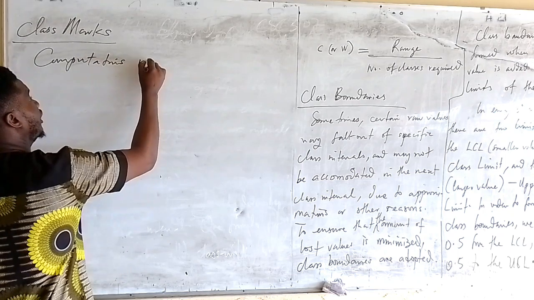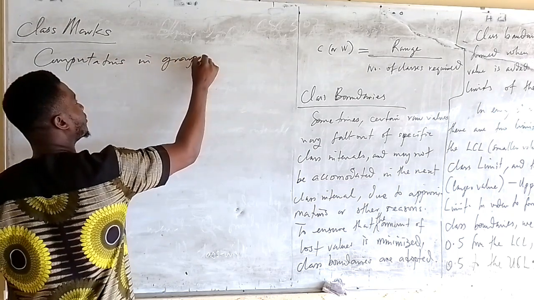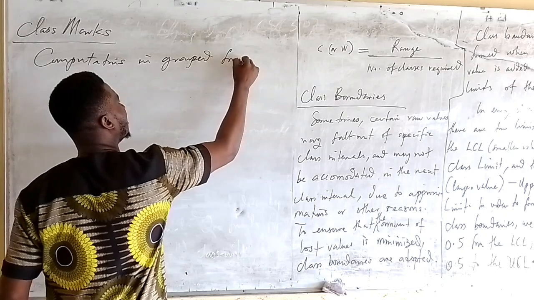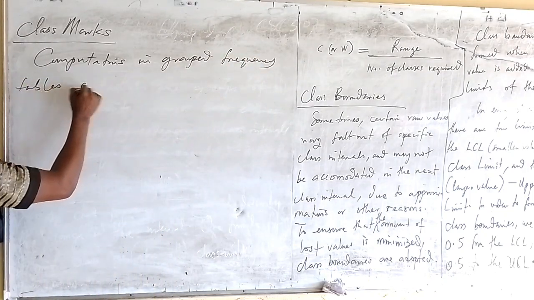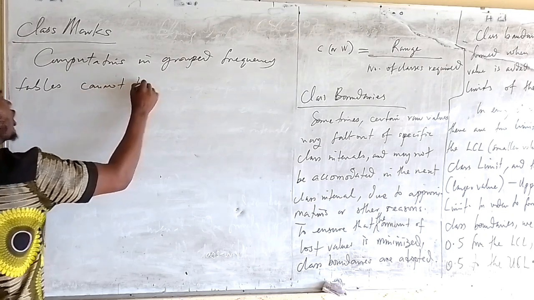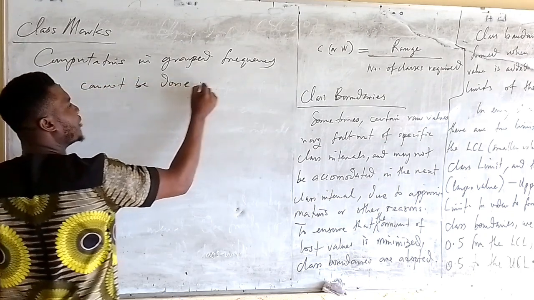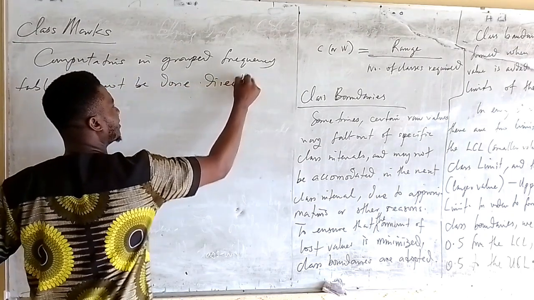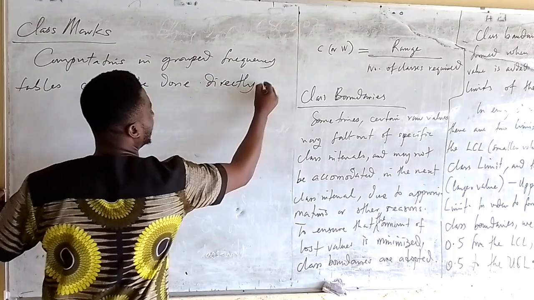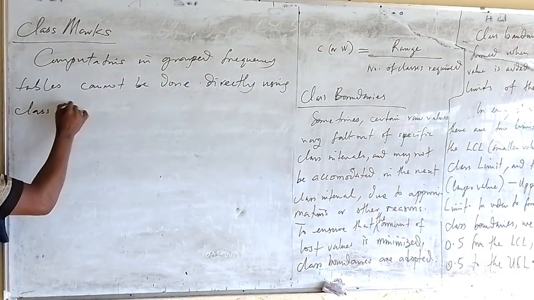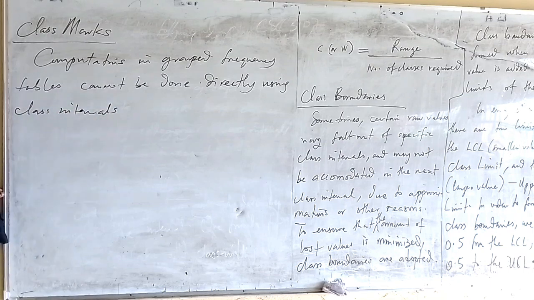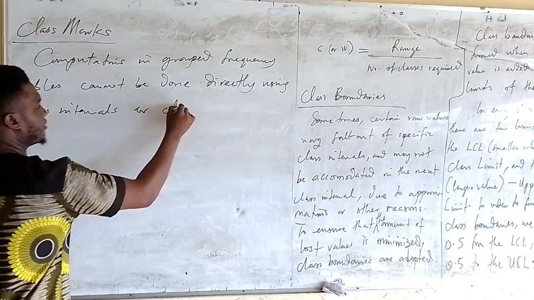Computations in group frequency tables cannot be done directly using class intervals or class boundaries.